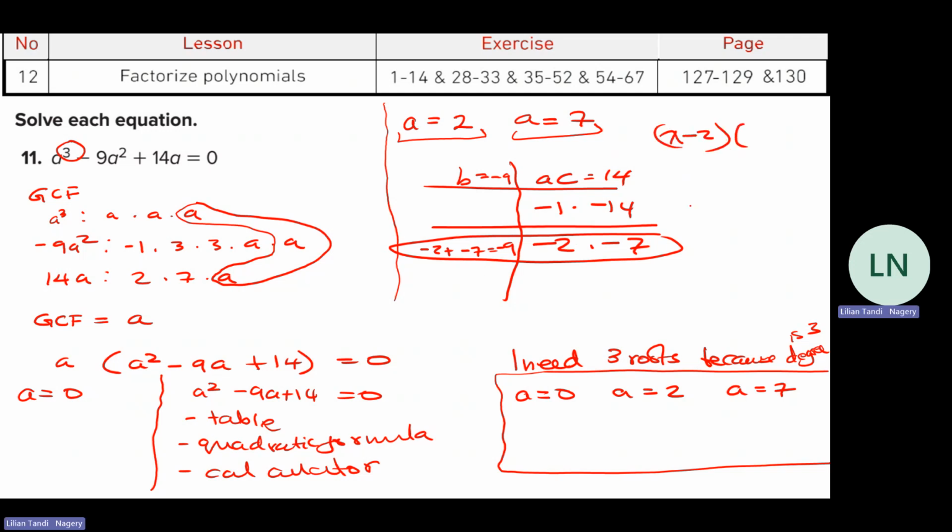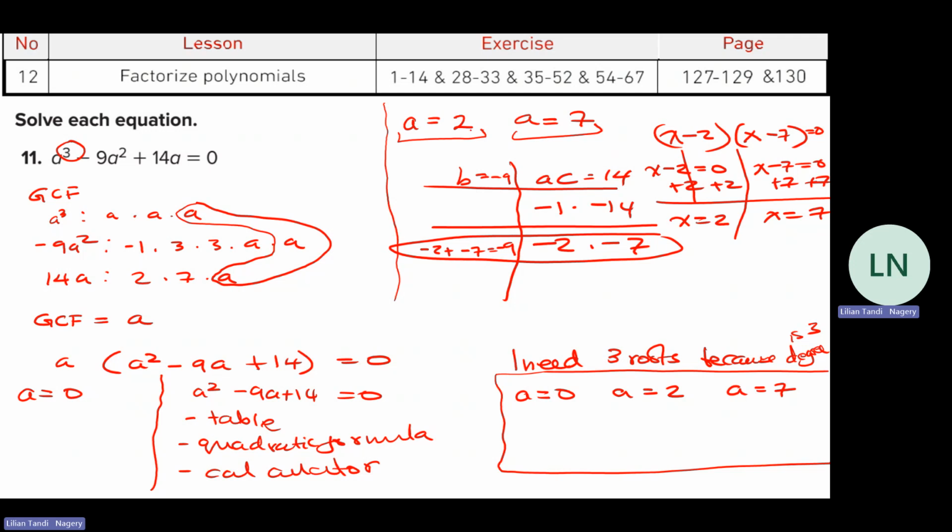So this goes in the bracket, x minus 7. And because they're equal to 0, you'd solve x minus 2 equals 0, x minus 7 equals 0. So you plus 2, you plus 2, you plus 7, you plus 7. Okay? All right. This goes away. X equals 2 and x equals 7.